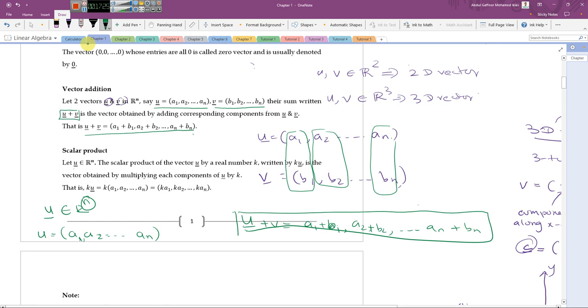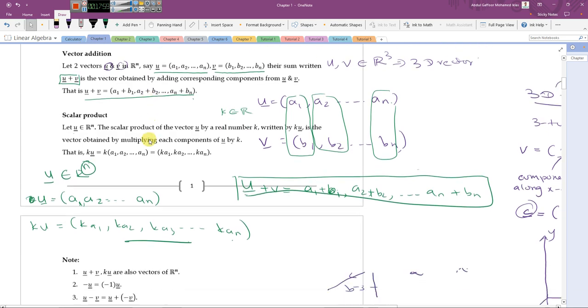Now if we take a real number k, then k belongs to the real numbers, and we write k into u, right? We just multiply this vector u by k, so we have to multiply each element of the vector by k. So ku will be equal to ka1, ka2, ka3 up to kan, right? So this is called scalar product.